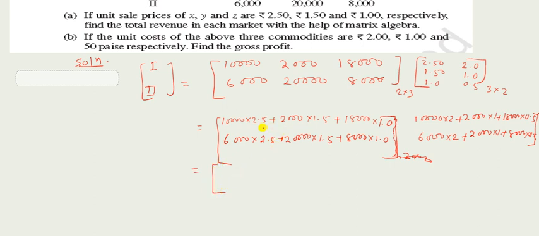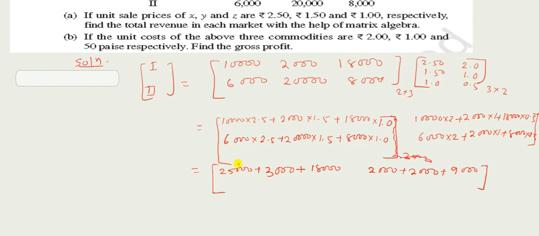Now let us multiply. This is 2.5 into 10,000, so it will be 25,000 plus 2,000 into 1.5, this is 3,000, plus 18,000 into 1, this is 18,000. Similarly, this one will be 20,000 plus 2,000 plus 9,000.